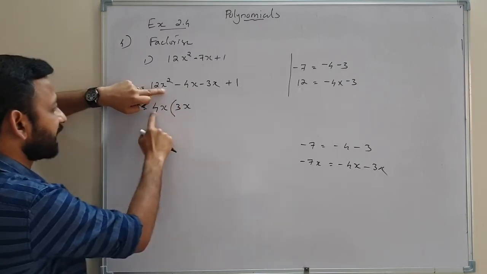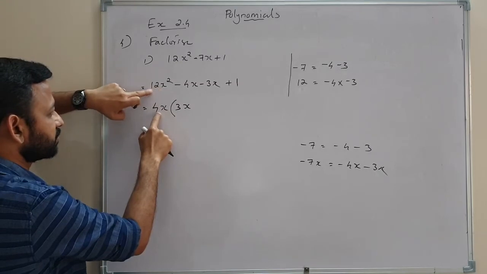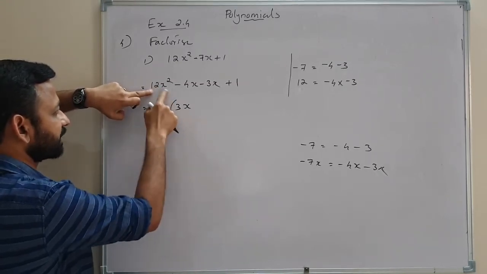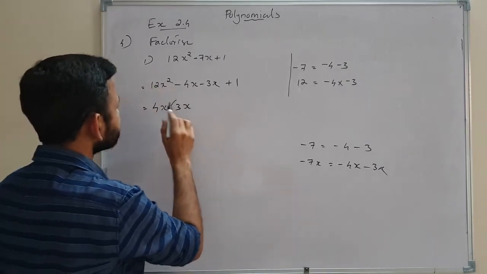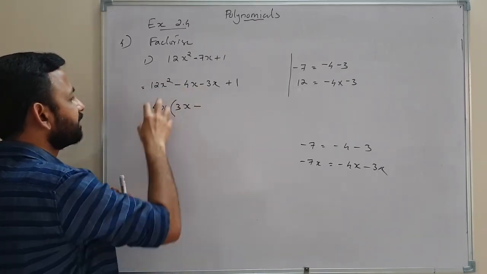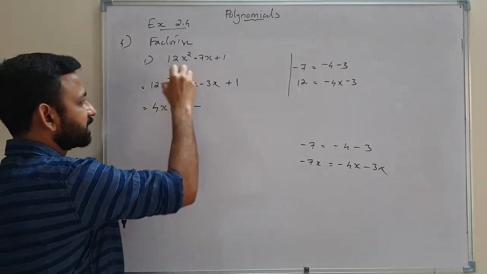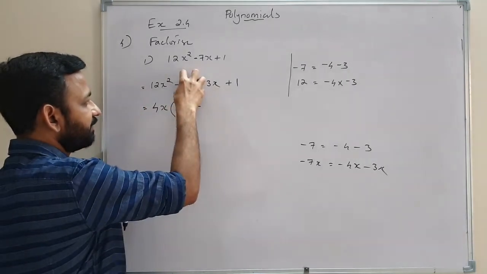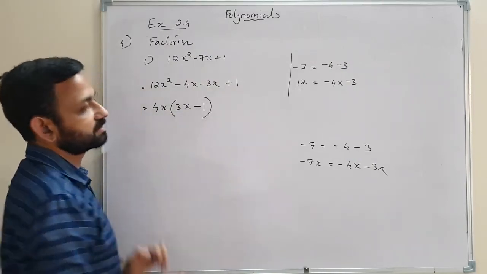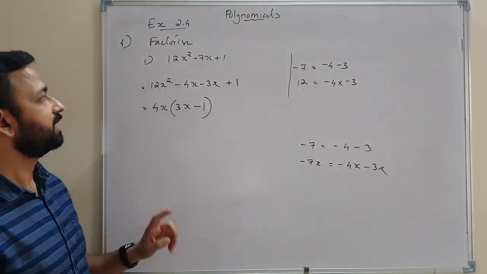Because when we find the product, 3 into 4, 12, x into x, x square. Then here, minus, we have taken 4x outside, so minus 1 remains. Then only their product will be minus 4x.